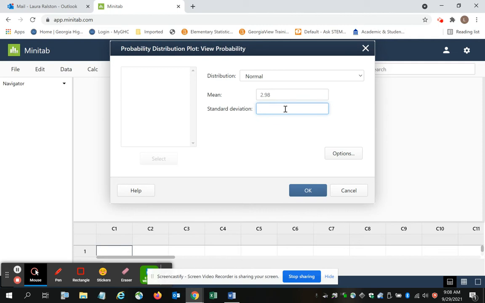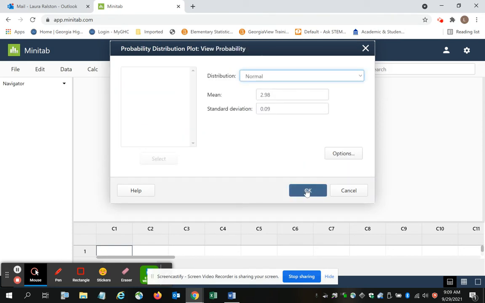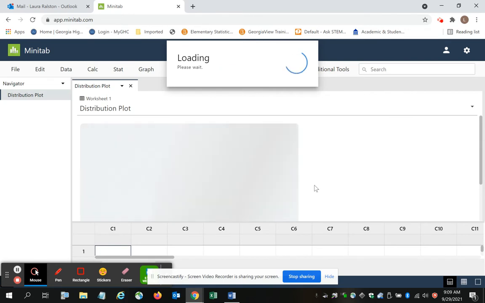The value for the adjusted standard deviation under the central limit theorem is 9 cents. We choose Options. We're defining the area by a specified X value, and it is a left tail because it is less than, and my point of interest is $2.99. I click OK, and I click OK.